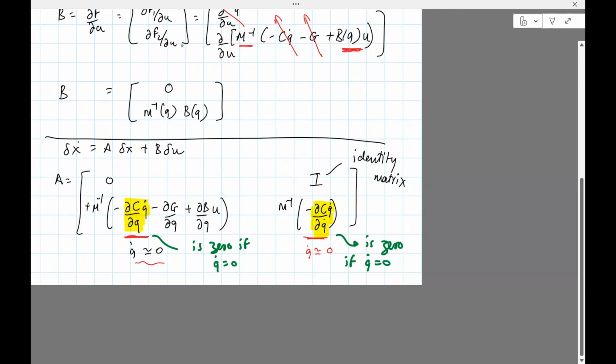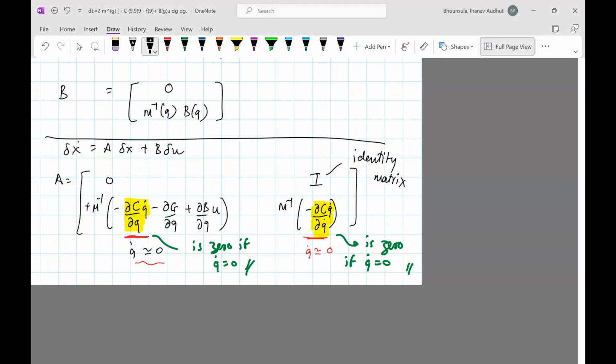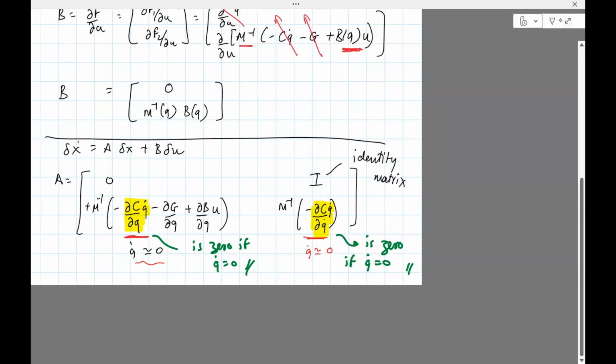So when you're trying to do this control, normally you're trying to hold a steady state. If you're holding a steady state, that is, position is fixed, velocity is 0, acceleration is 0, then only then will these two terms be 0, and it'll be much simplified. The system I'll show you is actually trying to do that, trying to keep a pendulum upright, in which case those terms will be 0. Okay, so let me write B, and then show you an example of a system which uses this control.